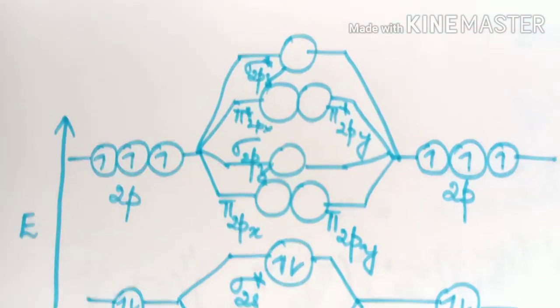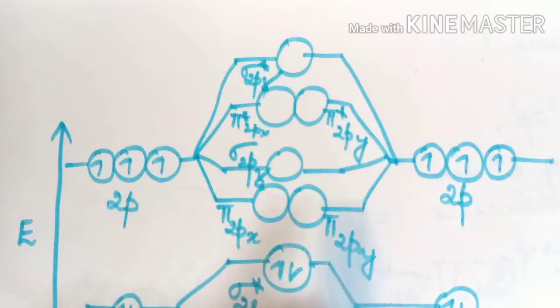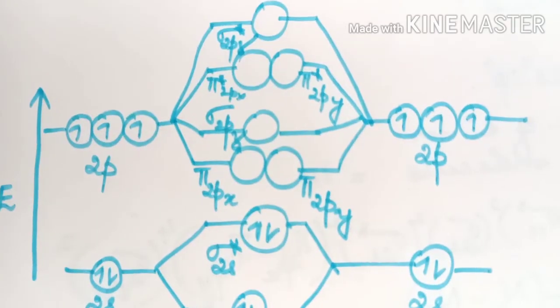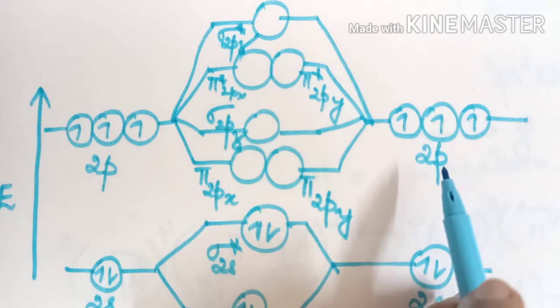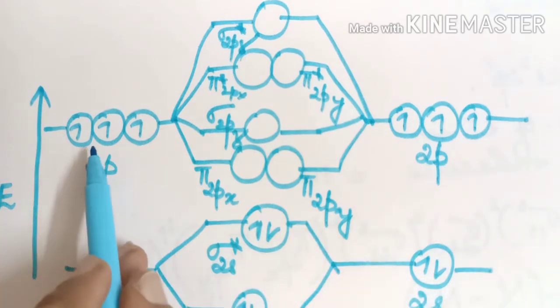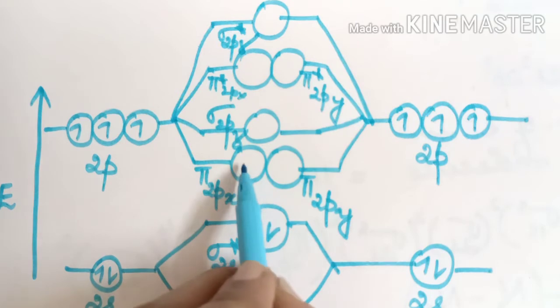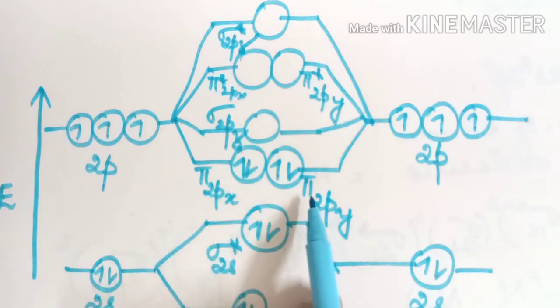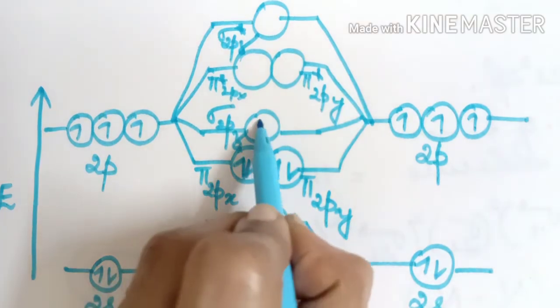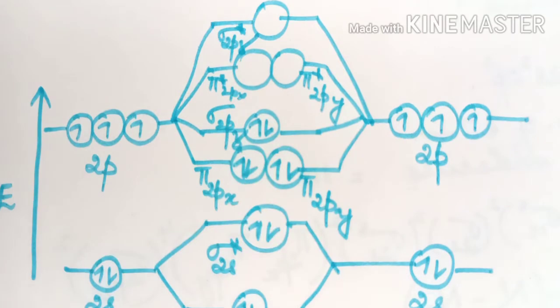So here we have a total of 6 electrons left over to be arranged. So that we will arrange according to Hund's rule and Aufbau principle. Here we have a total of 6 electrons, out of which 1, 2, 3, 4 will be arranged in pi orbitals, followed by the rest of the 2 in sigma 2pz.